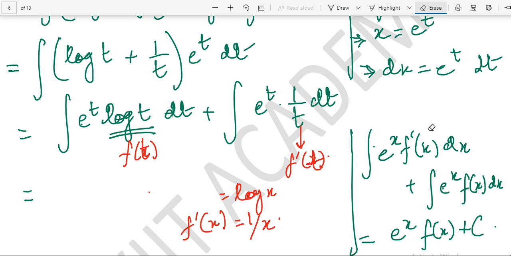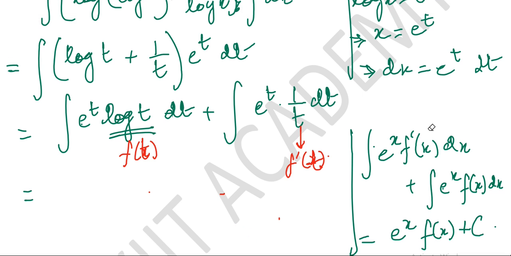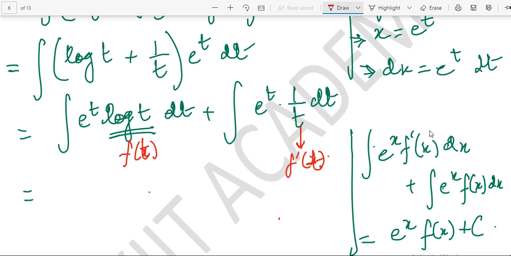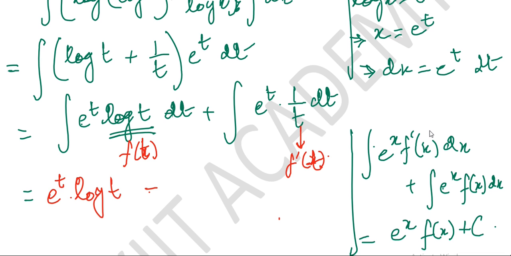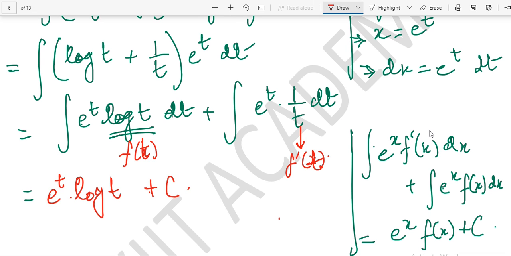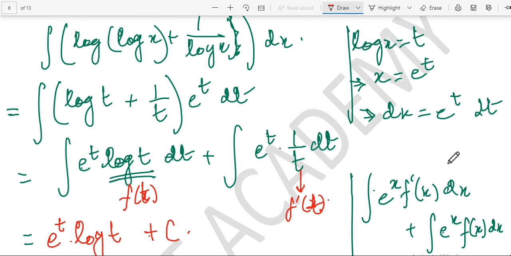So we can simply use this formula now. So what will be the answer? e to the power t into f of x. So we have f of t, so this is e to the power t log of t plus c. Now we are going to simply replace the value of t.